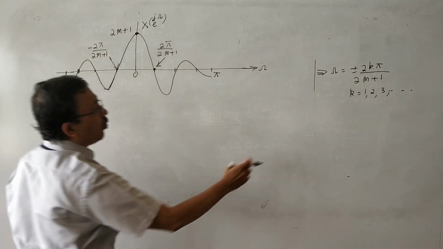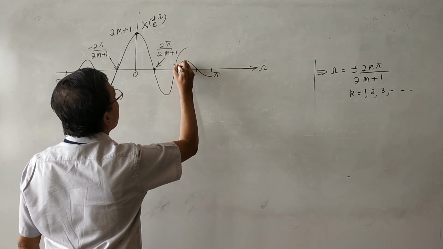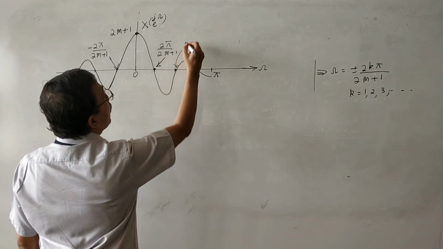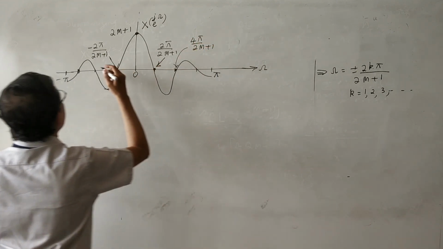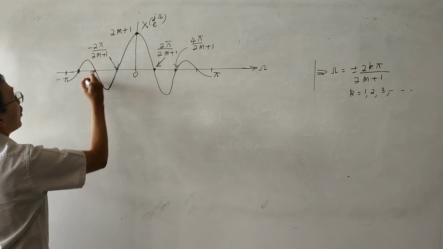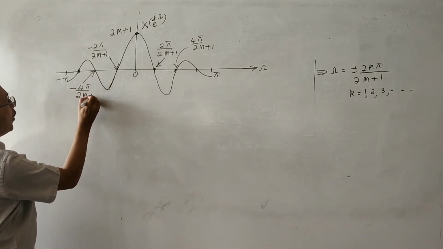When you put K equal to 2 over here, you get this zero crossing. What is this zero crossing? This zero crossing is 4 pi divided by 2M plus 1, and this second zero crossing is minus 4 pi divided by 2M plus 1.